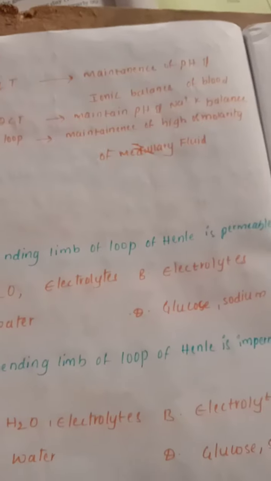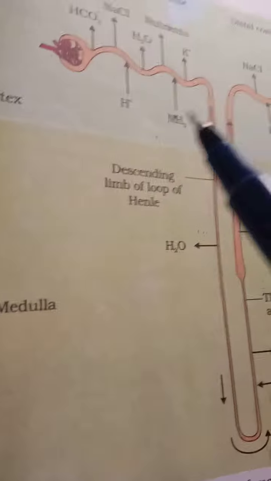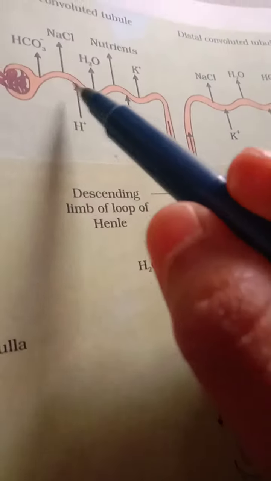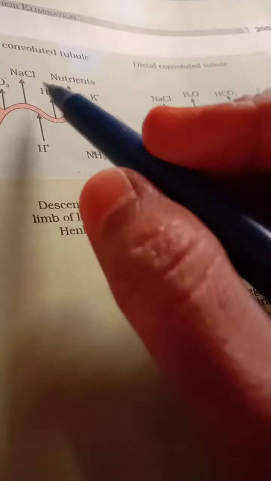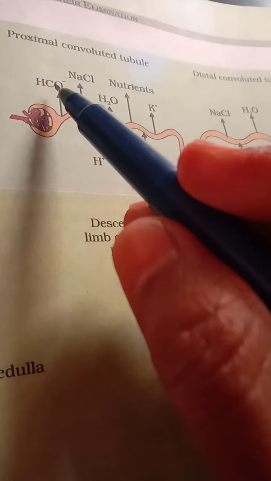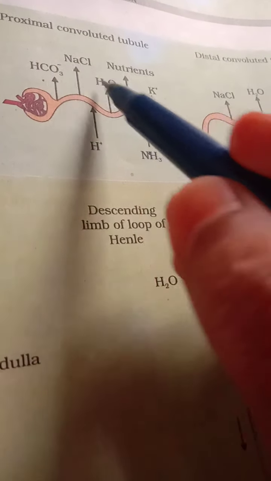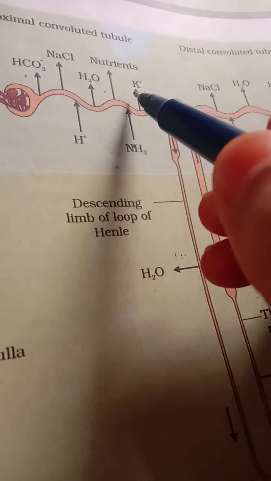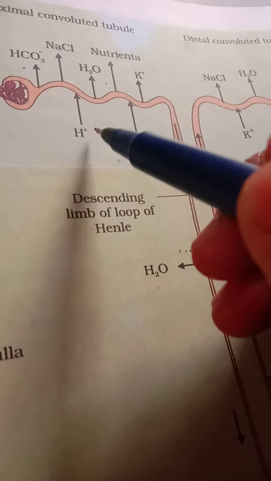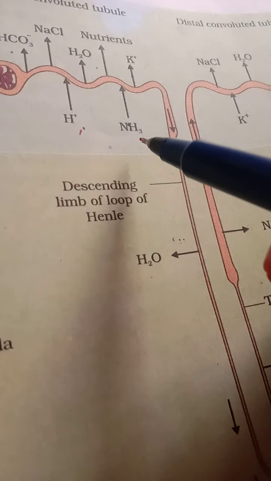We will see this concept with another diagram. Here this is PCT. The PCT reabsorbs bicarbonates, sodium chloride, all the nutrients, water and also potassium, but it secretes H plus and NH3.